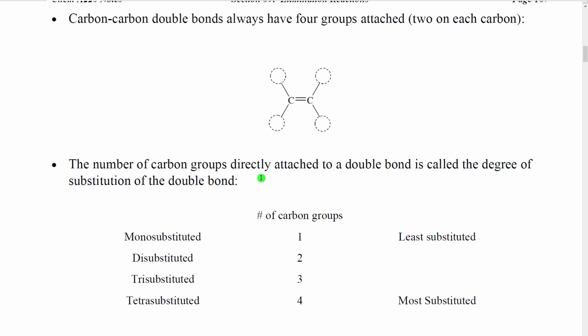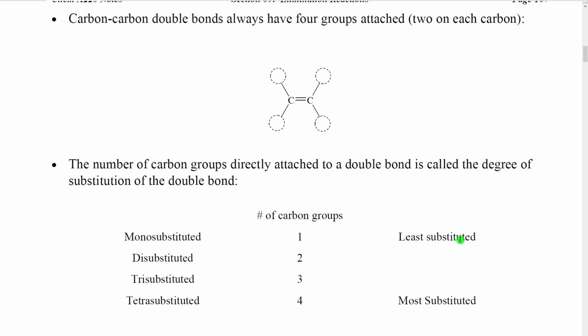The number of carbon groups that are directly attached to the double bond carbons is called the degree of substitution of the double bond. So if a double bond has only one carbon group attached, so the rest are hydrogens, we would call that a monosubstituted double bond.